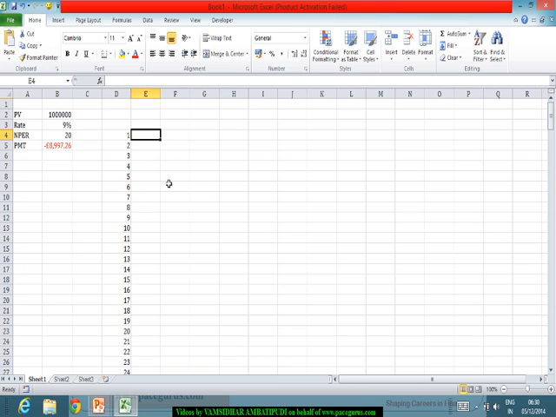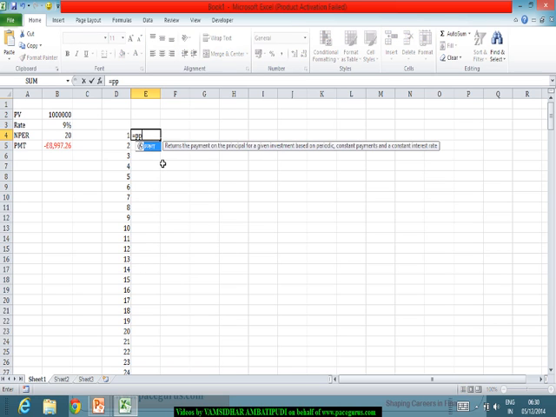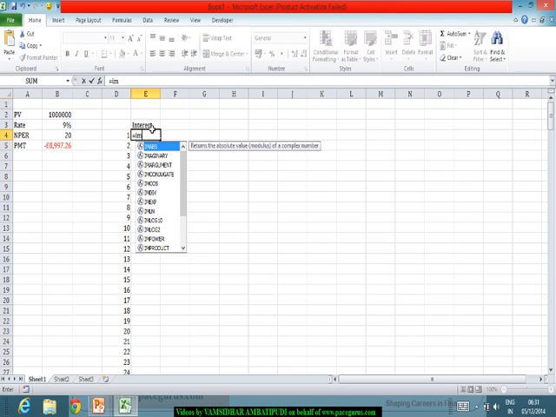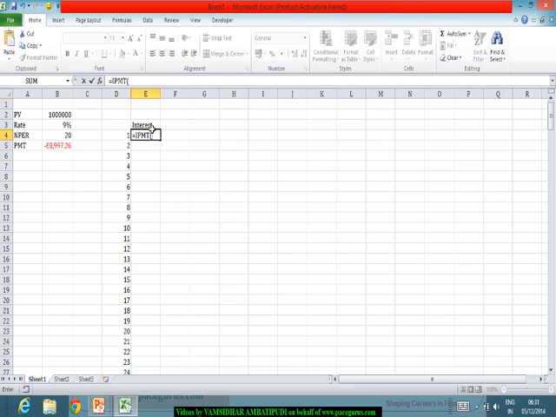Out of this 8,997, I will look at what is the interest portion in each of the periods. So I'll use something called an IPMT kind of formula to find out the interest part. I'm taking the interest portion out of this payment.